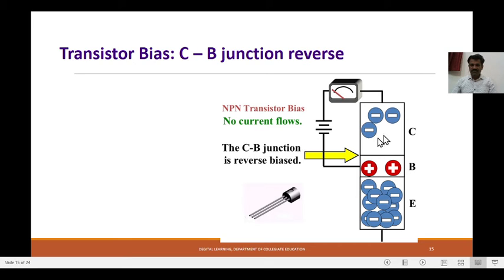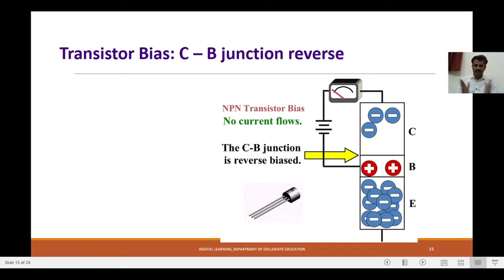And because of reverse biasing, the depletion region will get enhanced. The depletion region is a resistance region. Because of the opposite polarity formed there, it acts like a resistance region.